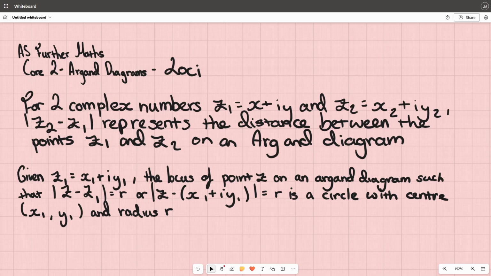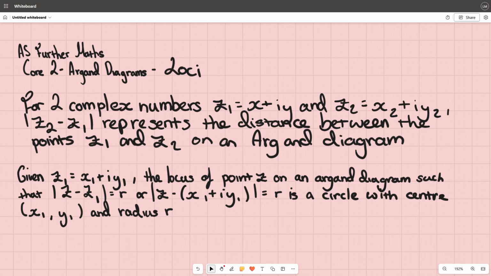And so where loci comes in is we can take this idea and apply it to a circle, where given z1 is equal to x1 plus iy1, the locus of point z, where z is like a variable point, on an Argand diagram such that the magnitude of z minus z1 is equal to r, or the magnitude of z minus (x1 plus iy1) is equal to r, is a circle with centre (x1, y1) and radius r.